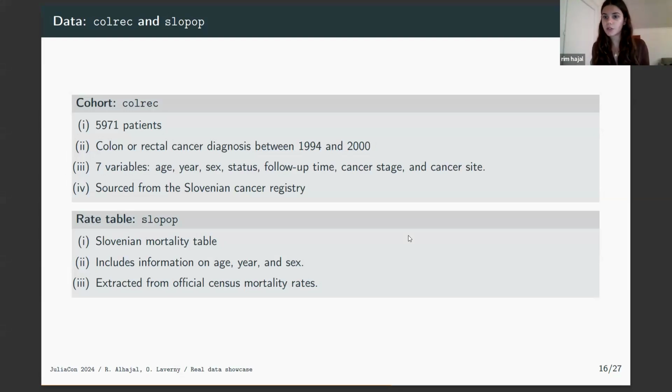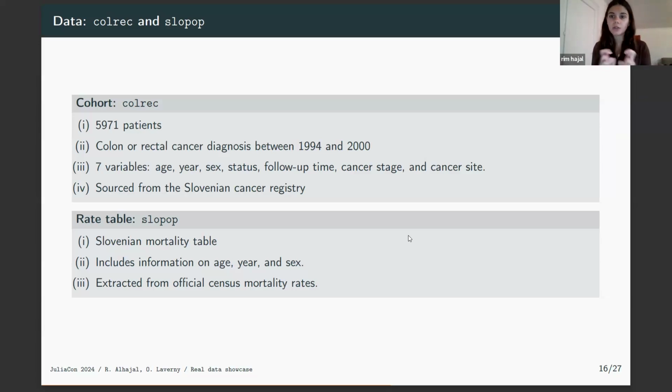Status is going to be for censorship, so if the patient is censored or not, so if the event was observed or not. The event here is death, because it's survival analysis, so we are observing the death of a patient. The follow-up time or survival time, cancer stage, and cancer site. And it's sourced from the Slovenian Cancer Registry.